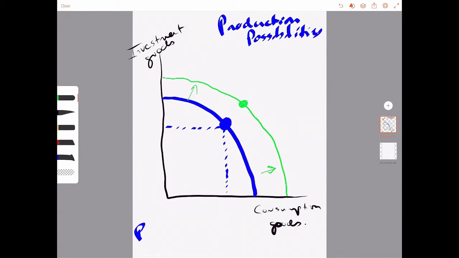There was something preventing us from getting there. But when the production possibilities curve shifts outward, then we can get to that green dot, and that green dot represents more of both goods that is now attainable due to some shift in the underlying economy. So it could be that there are either more resources or some technology shifts. We talked about those kinds of things in the context of production possibilities.